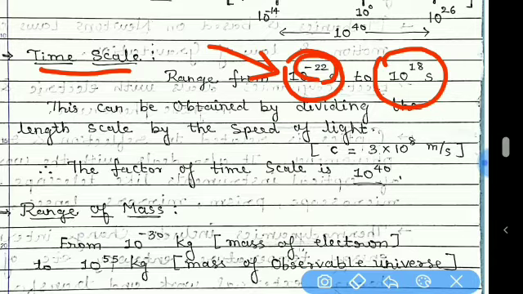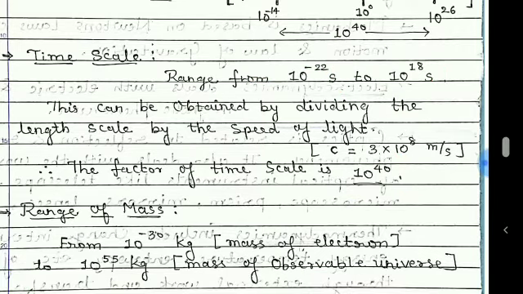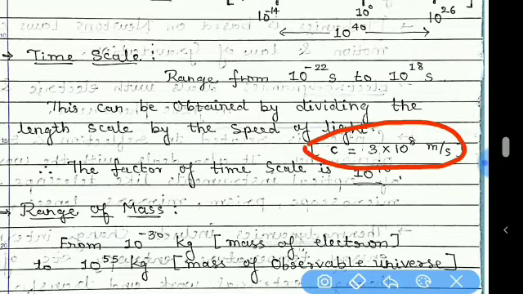So once again, if we take the range from minus 22 to 18, again we'll get the range of the time scale of about 10 raised to 40. Now here this range is obtained with the help of the speed of light, which is about 3 into 10 raised to 8 meter per second.